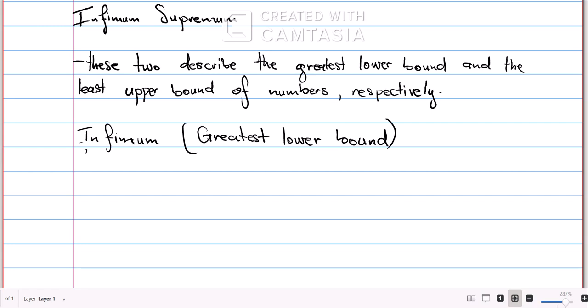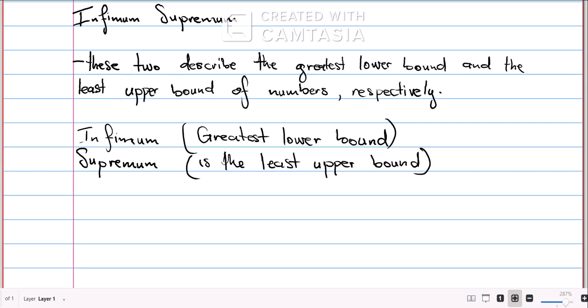Then the supremum is the least upper bound. So the infimum and the supremum may or may not belong in the set.